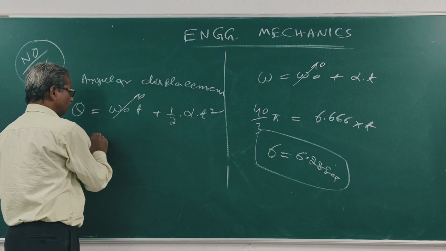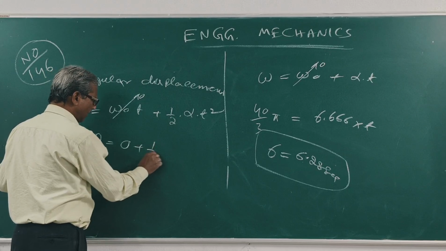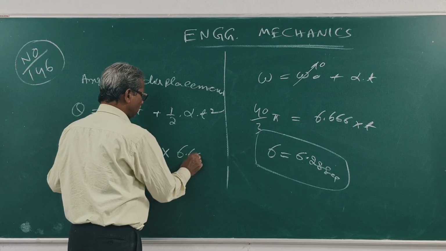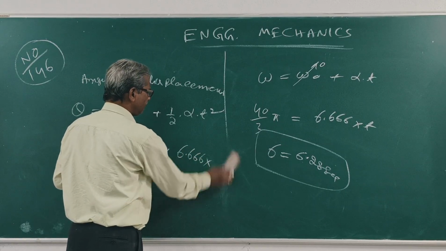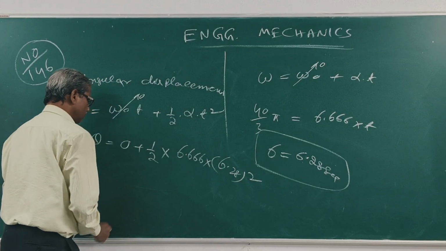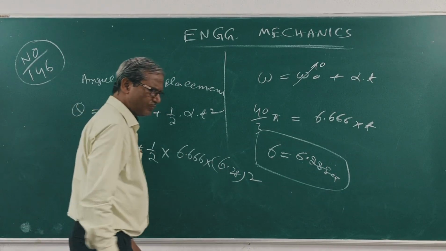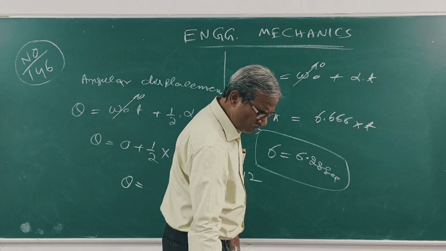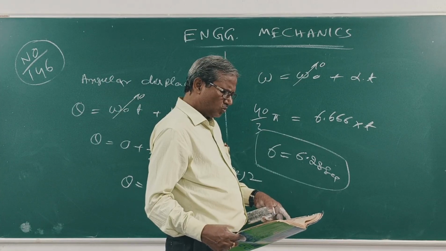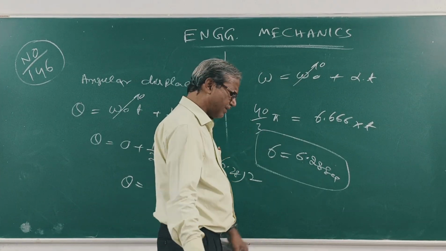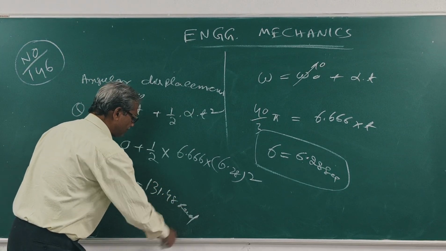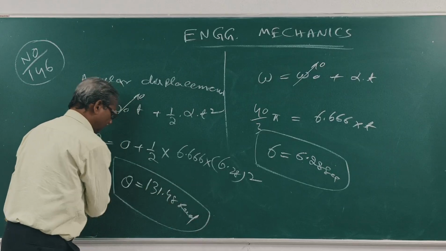So theta is equal to 0 plus half into alpha, which is 6.66, into t square, 6.28 square. Clear? Theta is equal to 20.92 revolution, which is 131.48 radian.